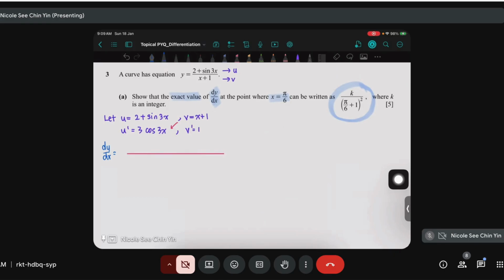At the same time, my denominator I put (x plus 1) squared. Cross multiply here, I get 3 bracket x plus 1 cos 3x minus 2 plus sine 3x. Actually, I prefer to open the bracket, that means you multiply in your negative inside straight away.